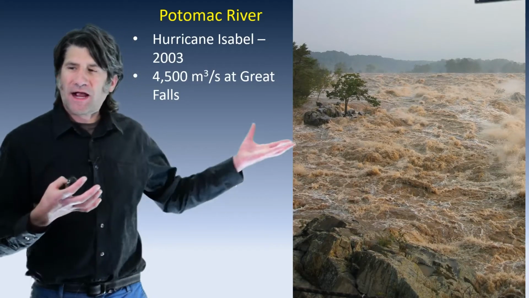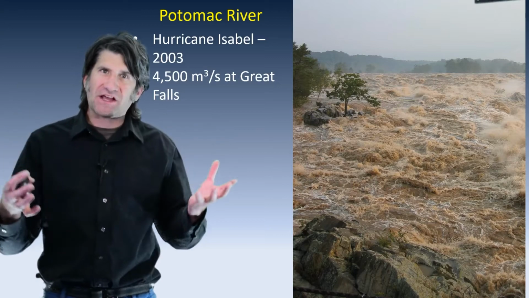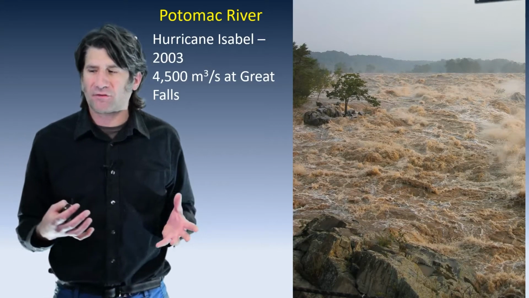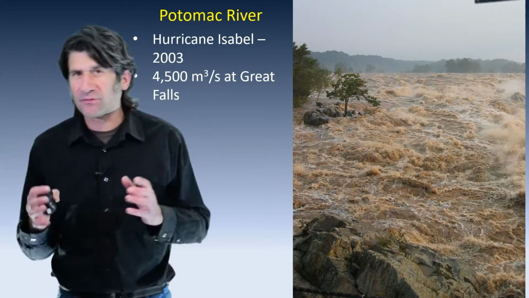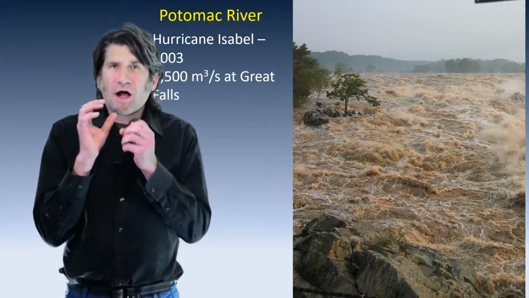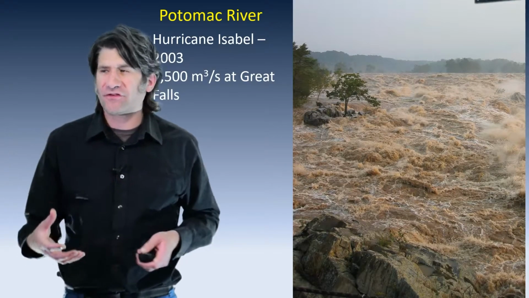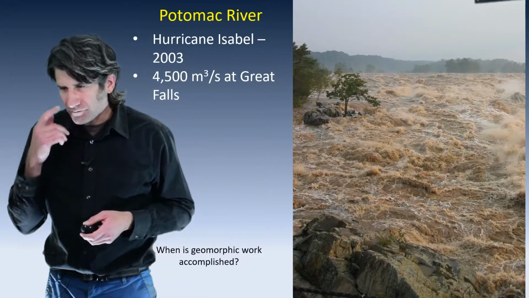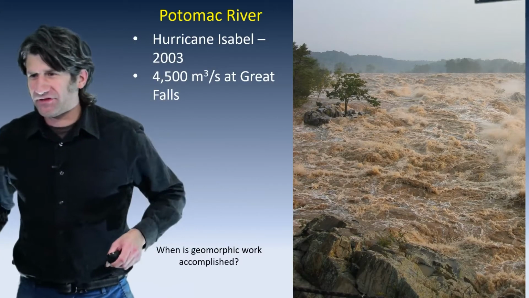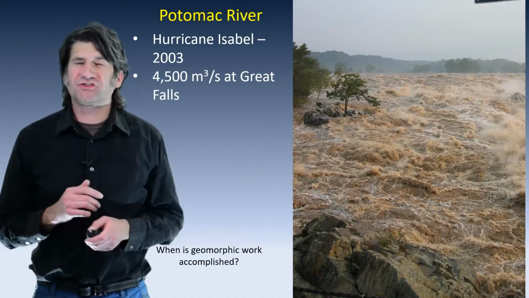Perhaps it's these large flooding events that actually shape the channels that we see associated with bedrock rivers. And so we really need to pay attention to hydrology and how water moves across the surface of the earth. So my question is: when is geomorphic work accomplished?